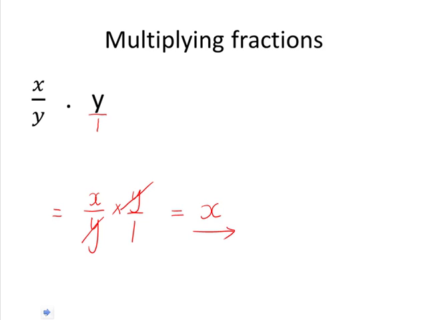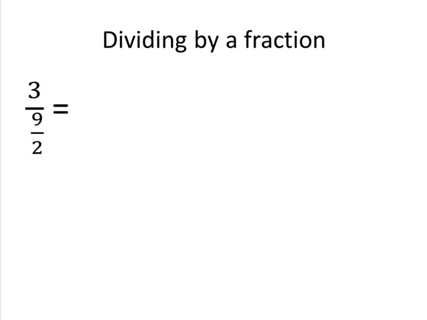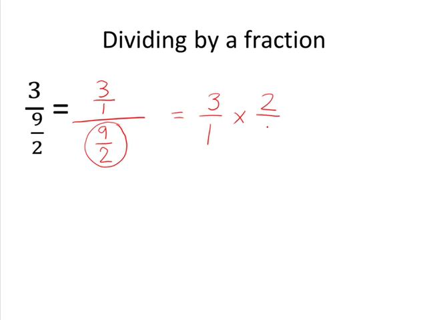When we divide by a fraction, we use a trick called tip and times. 3 divided by 9 over 2 is the same as 3 over 1 divided by 9 over 2. We tip the bottom fraction and times it by the top one. So that equals 3 over 1 times 2 over 9.